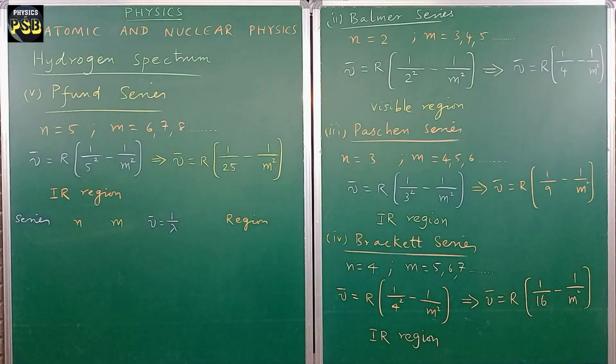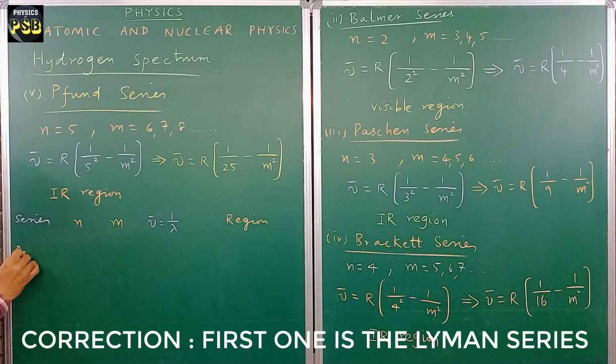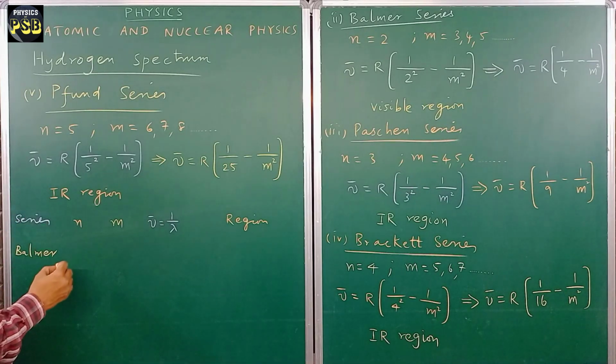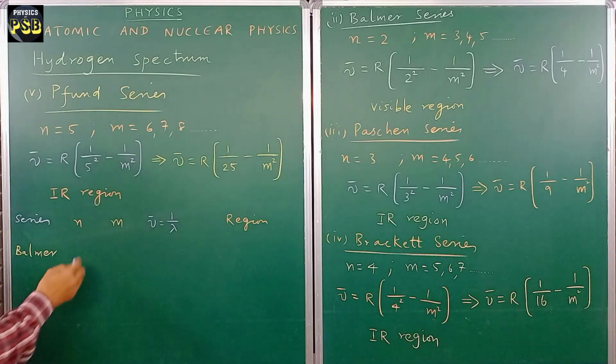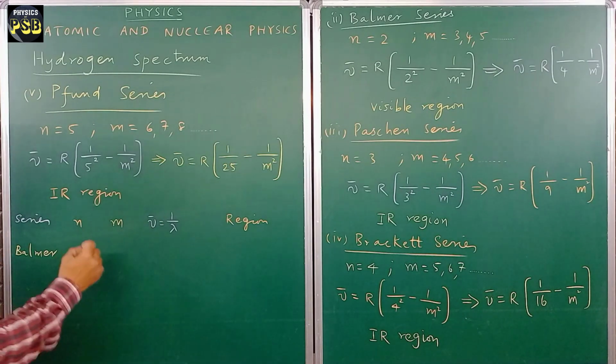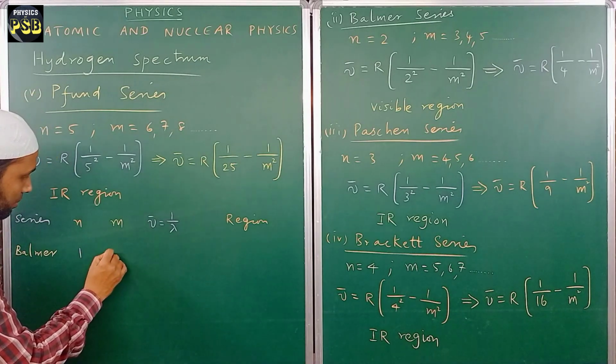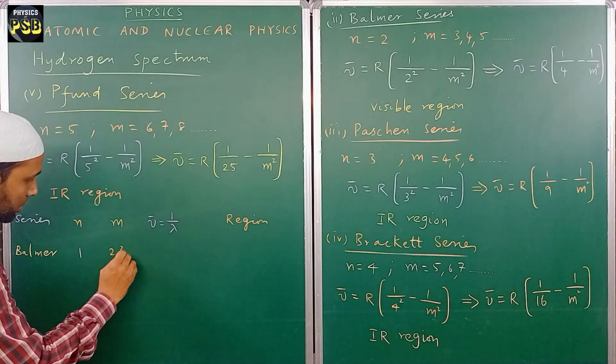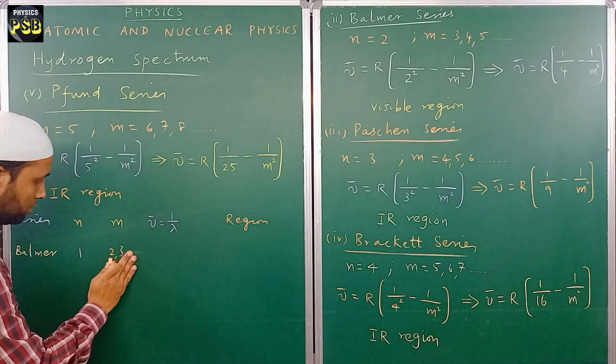First series is nothing but Balmer series. When electrons from outer energy levels jump to the first energy level, we get this series. Here the value of n is 1, and m is 2, 3, and so on.